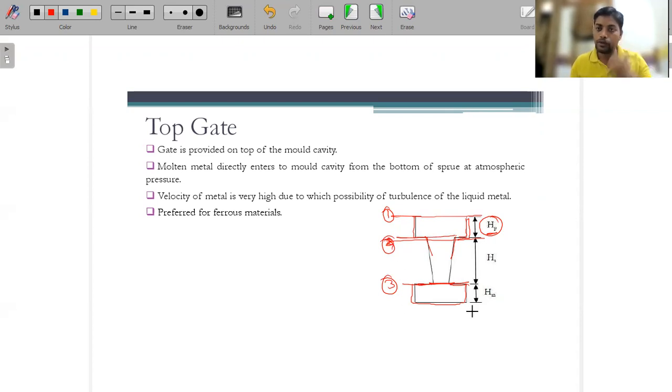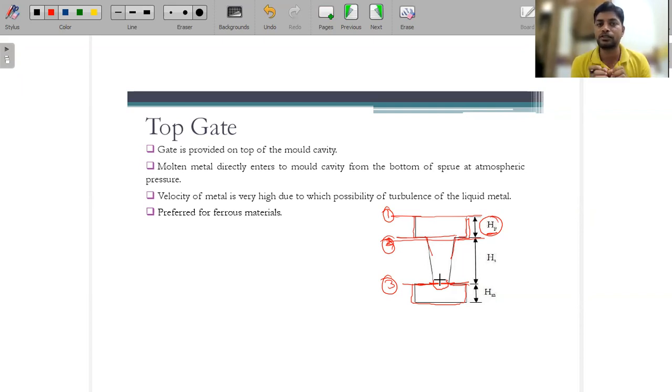Now top gate means the molten material released from the sprue immediately passes into the mold cavity.